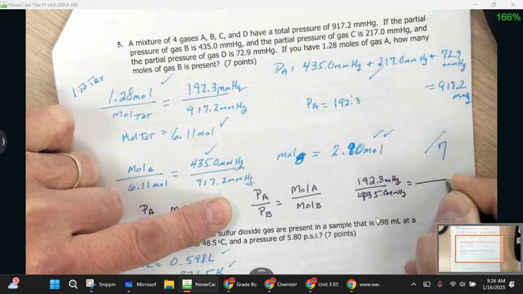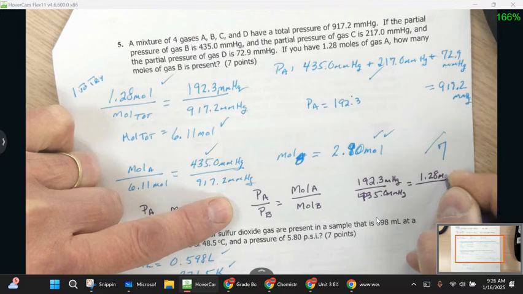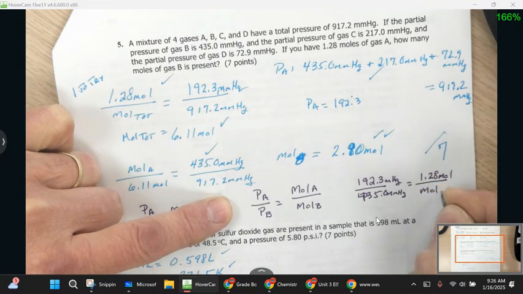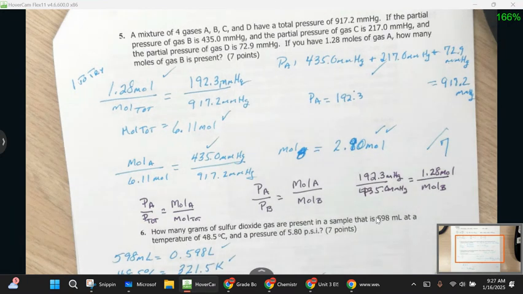And you could have set it equal to the moles of A over the moles of B, and you could have done it in one step, ladies and gentlemen. Just another possibility for you. You solve this, you're going to get that same number.